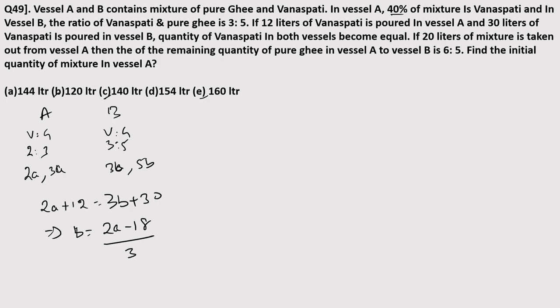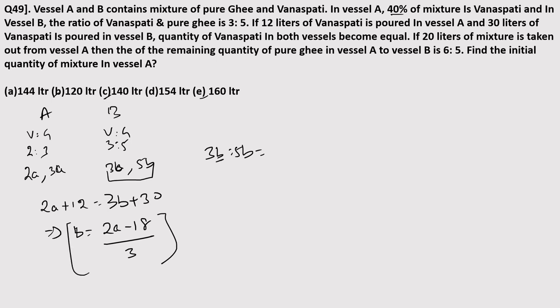If I found the value of B, now I can say this part, 3B is to 5B. Just replace the value of B from here. This is 3B, meaning the 3 will get cancelled out, and I replace B from this part.